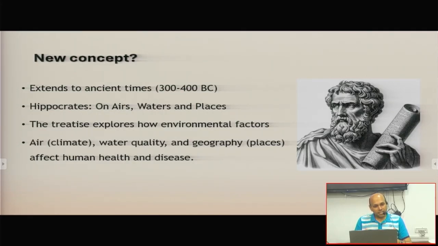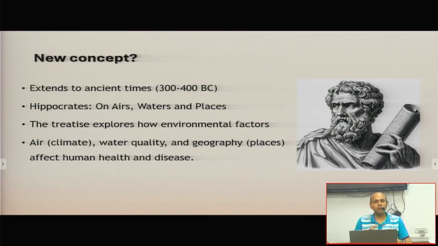So it extends to ancient times, 300, 400 BC. Hippocrates has a very famous writing, which is basically on airs, waters, and places. The treatise explores how environmental factors, air, climate, water quality, and geography affect human health and diseases.